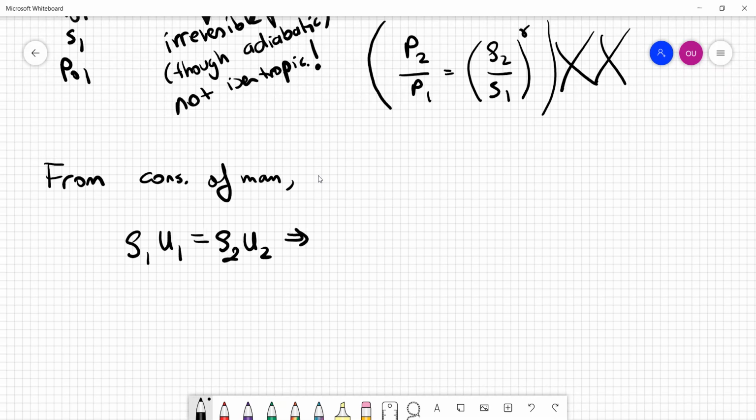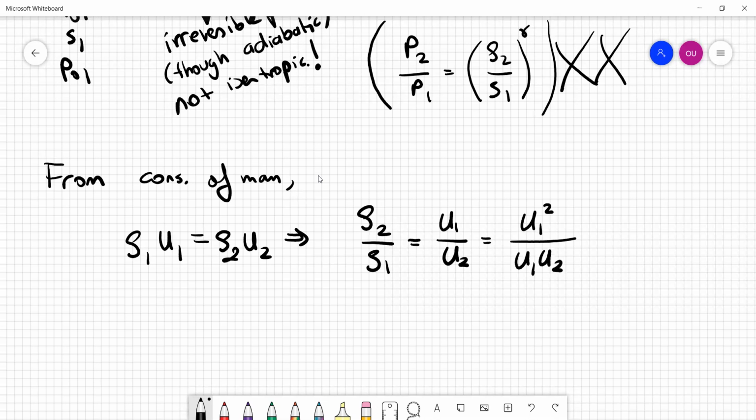I can make this equation look like this: rho 2 over rho 1. So that's the density ratio now across the shock wave, which I am interested in. I would like to know that. It says it's equal to u1 over u2. Okay. And I can also write this as u1 square over u1 times u2.